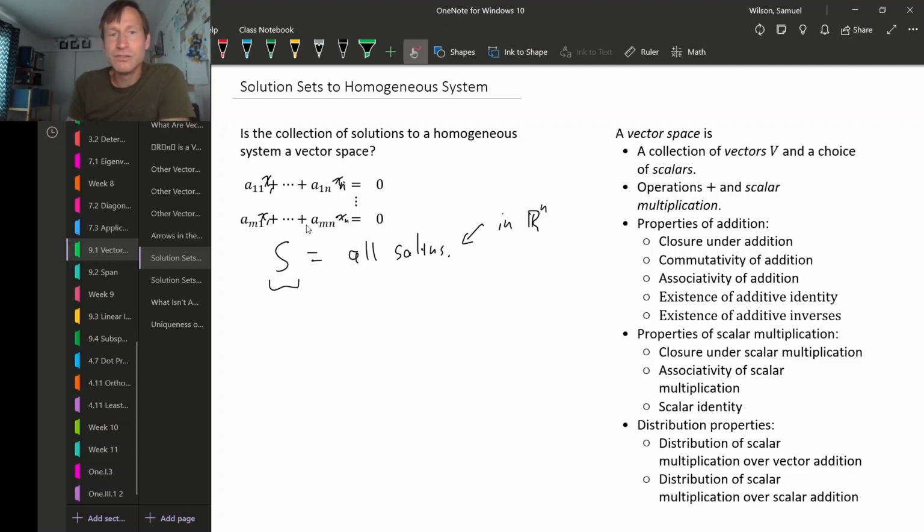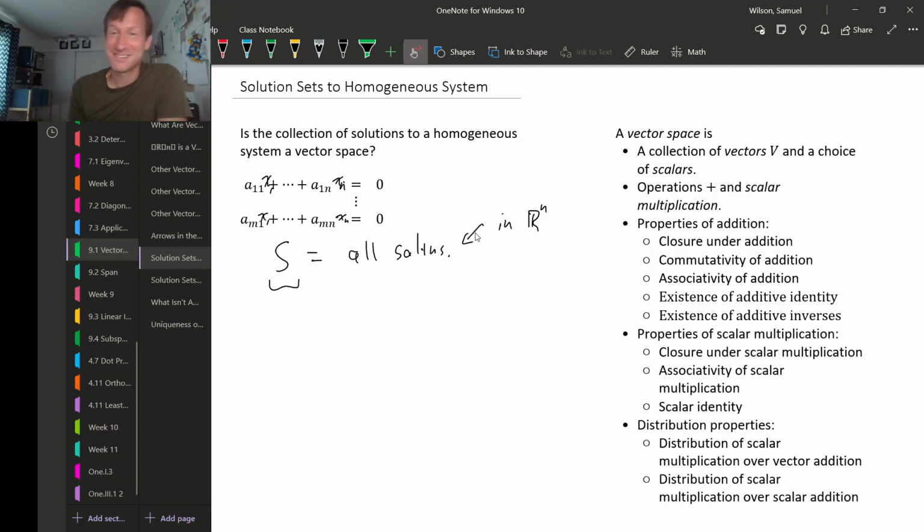Because a solution is a value for each one of these variables, and so a solution is just going to be a list of numbers. And so if we arrange them in a column, then we do get a column vector. One thing to notice is that although every solution in this setup is a vector in Rn, not every vector in Rn is a solution.